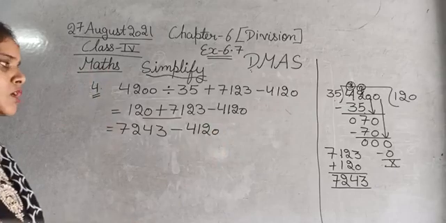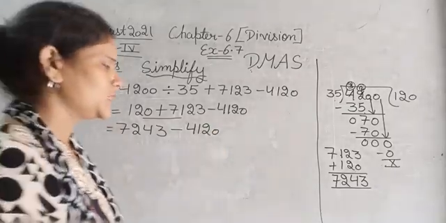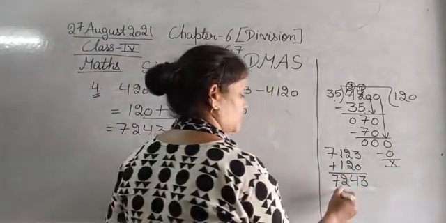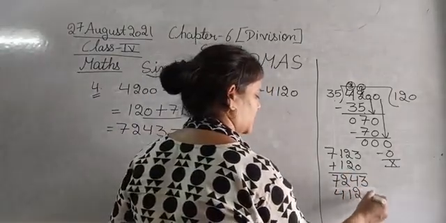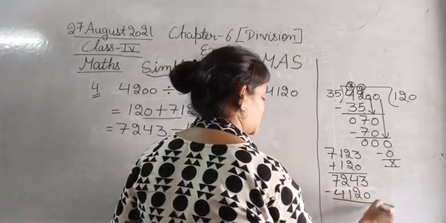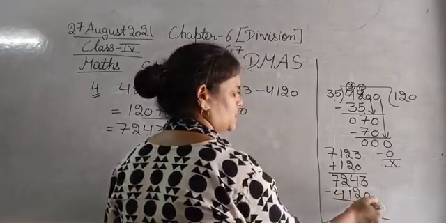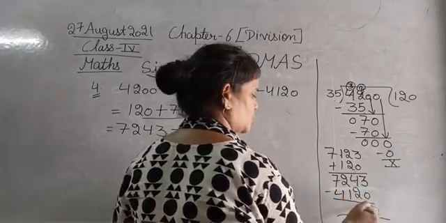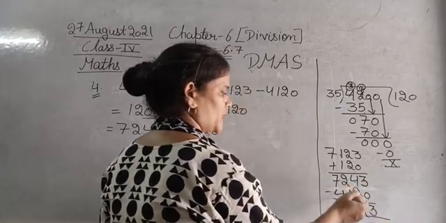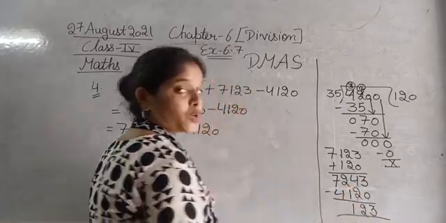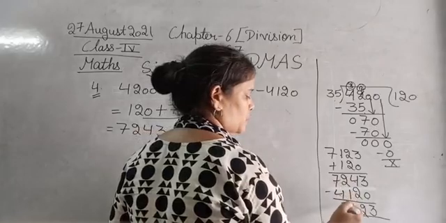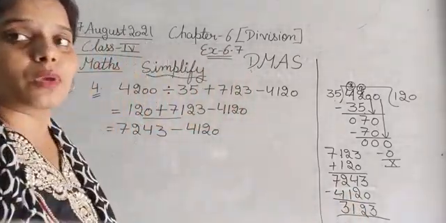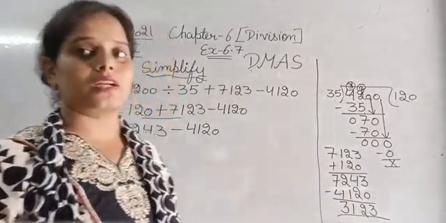So 7243 minus 4120. Write the minus below it. So let's subtract it. 3 minus 0, 3. 4 minus 2, 2. 2 minus 1, 1. 7 minus 4, 3. So after subtraction, we got 3123.